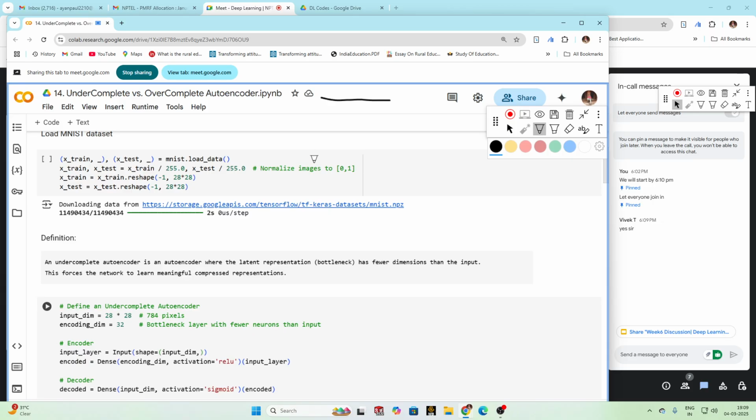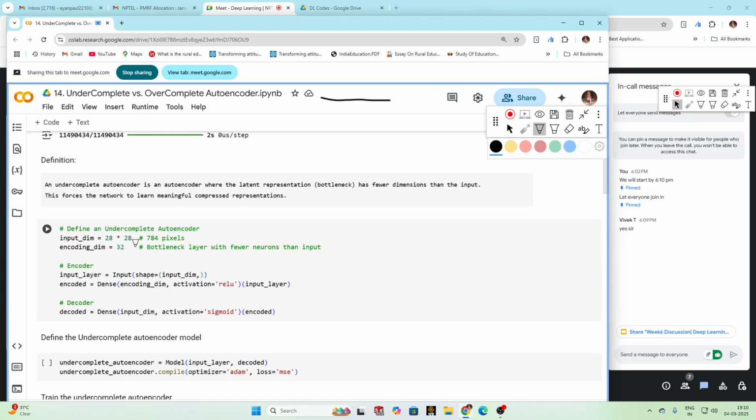That is why it is always better to normalize the data. So for normalization, I have divided by 255, because you know the value of a pixel is between 0 and 255. And then I have made the data like this.